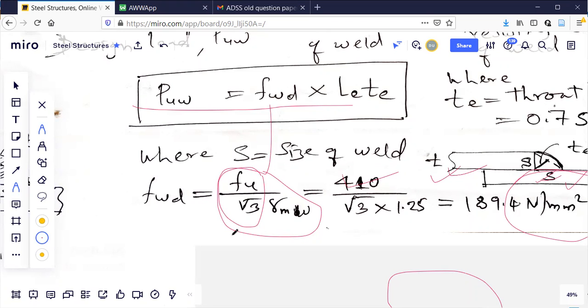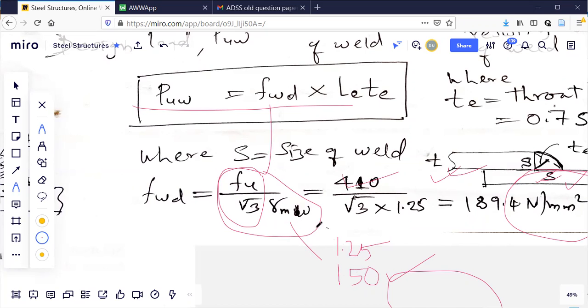Again, you further divide this by partial safety factor for weld, which is gamma MW. This gamma MW can be either 1.25 or it can be 1.5. If the welding is carried out at the site, it is 1.5. If the fabrication, everything is done at the site, the perfection level will not be much.